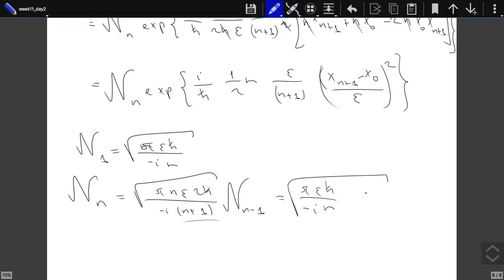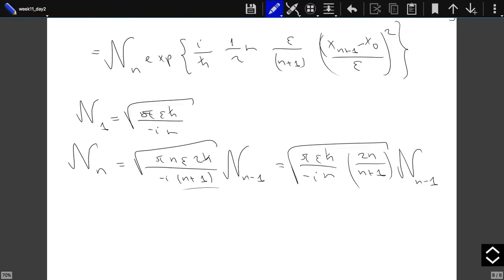Then I have 2n over n plus 1 times N_{n-1}. So I can just repeat doing the same thing until I go to N1. Well, for n minus 1 I can do the same thing, etc.